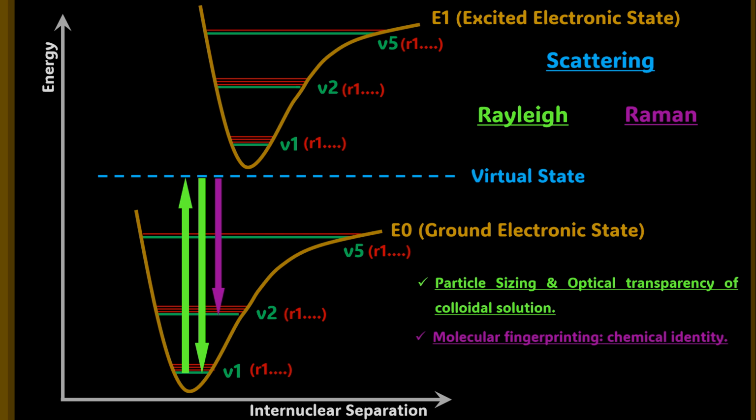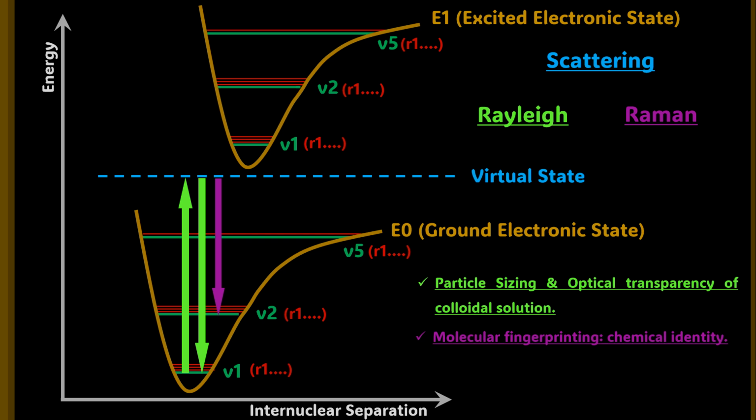Now, one key notable thing is that in case of absorption spectroscopy, for the difference between the energy states where the transition is happening, be it electronic, vibrational, or rotational, the photon has to match this difference in the energy.